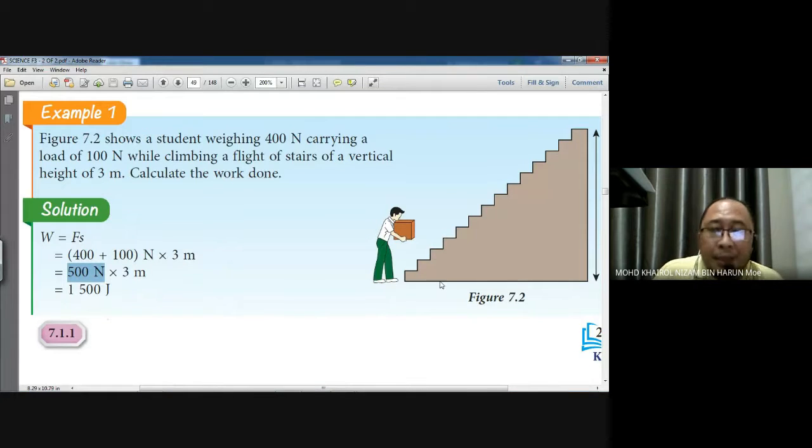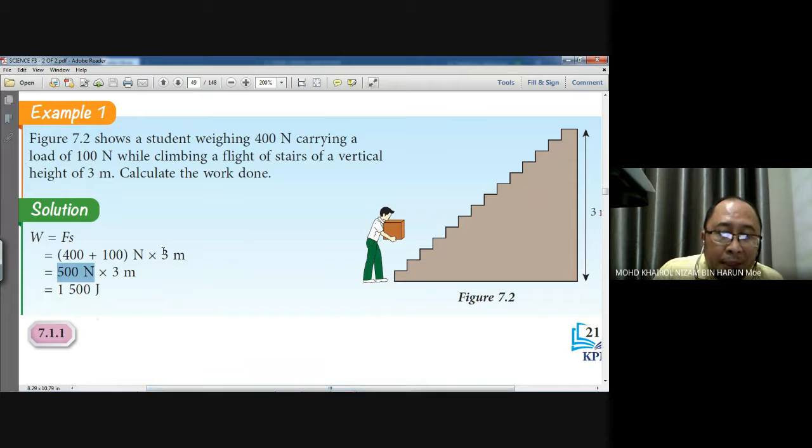And then times the distance, which is 3 meter. So this is how to find the force in work. And then we get 1,500 joule. You have to understand the concept of work done. If the object is moved alone without the movement of any human being, we will only consider force based on the weight of the object.